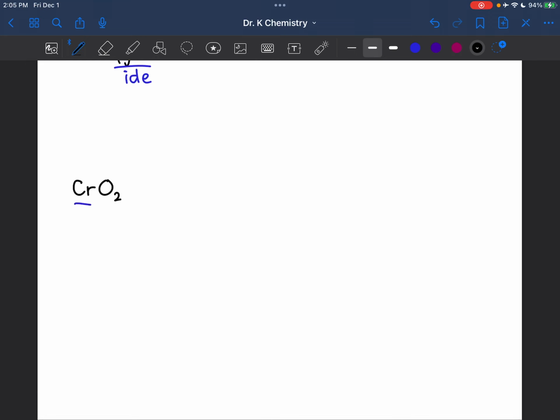Okay, so here I also have chromium oxide, but the challenge is in figuring out the charge on the chromium. I can try my uncrossing method. I can just tell you right off the bat it's not going to work, but we can see why. I'm going to take the 2, give it back to chromium, take the 1, give it back to oxygen.